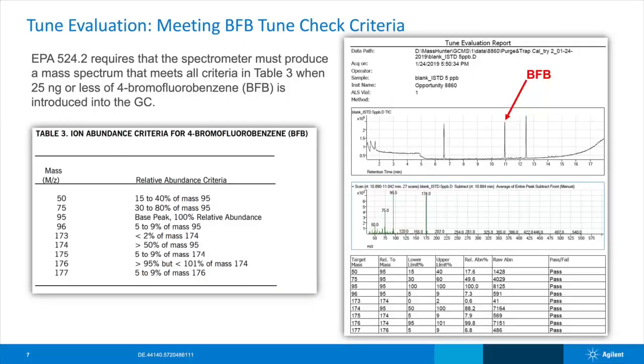Here we're looking at the tune evaluation software provided for checking that you meet the BFB auto-tune criteria. Here's the BFB, the bromofluorobenzene peak in the chromatogram shown here, where the software extracts out the spectrum shown here and then tests the relative abundances against this criteria over here.